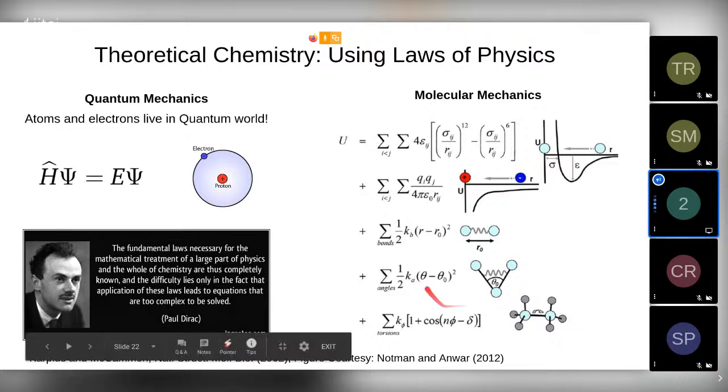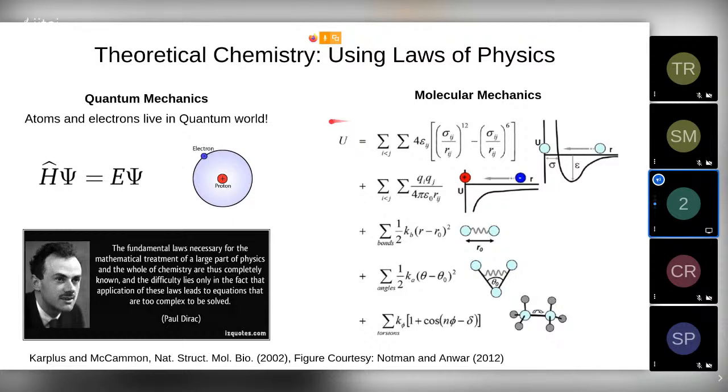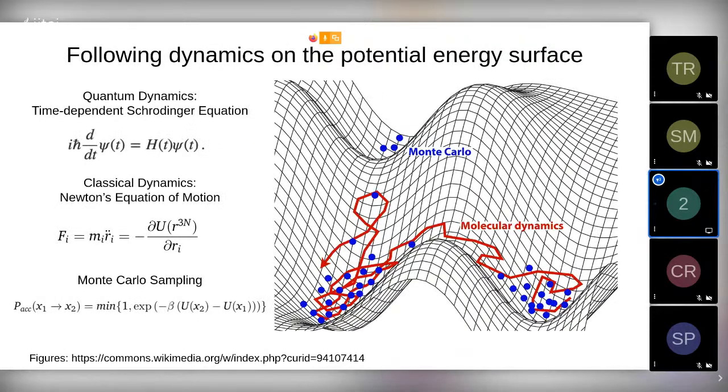And combining these energy contributions from different interactions we can get the total internal energy of the molecule. And this internal energy can change depending on the configuration of the molecule. Now, once we can get the energy as a function of configurations, which is known as the potential energy surface, we can perform dynamics on that surface to understand their behavior.